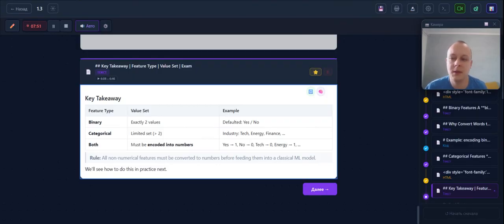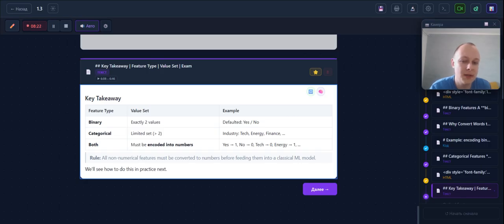So, key takeaway from this knowledge we got: binary have only two exact values, like yes or no. Categorical is a limited set, more than two, but it's not unlimited. Industry, like tech, energy, finance, it might be categories of your favorite shop, like grocery shop.